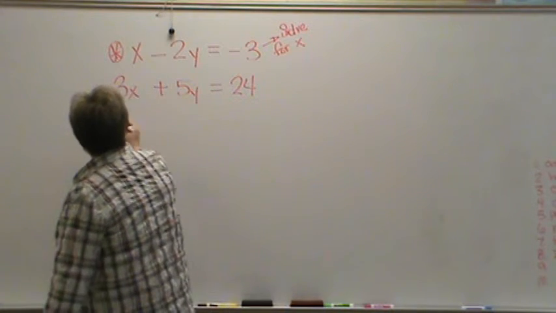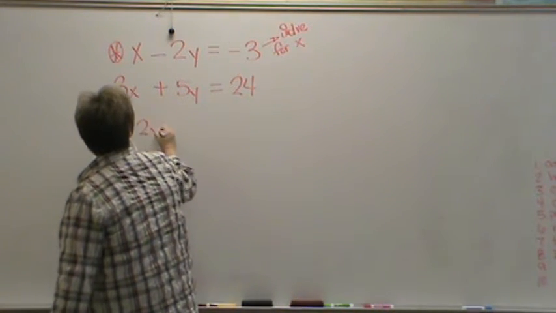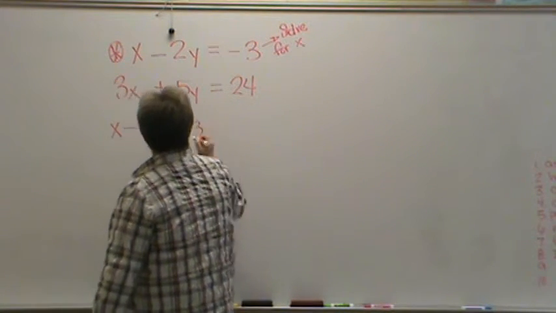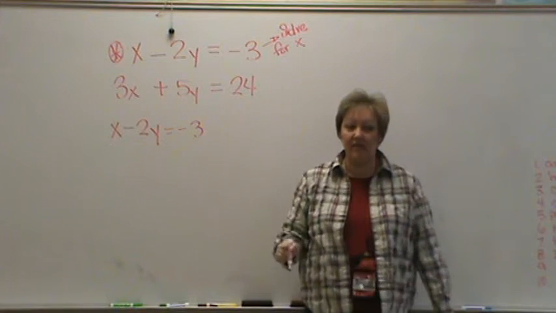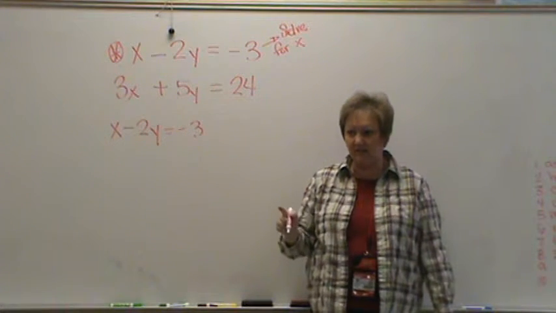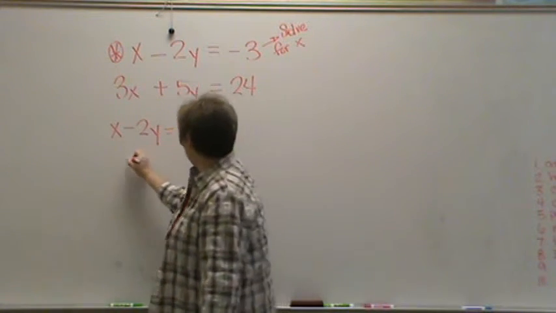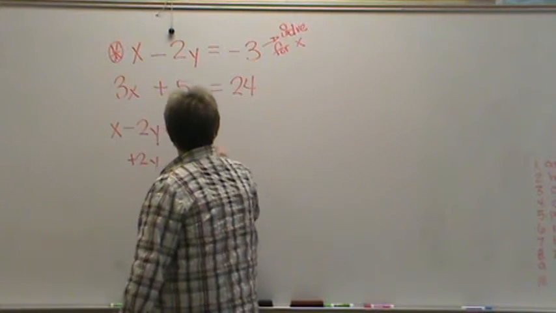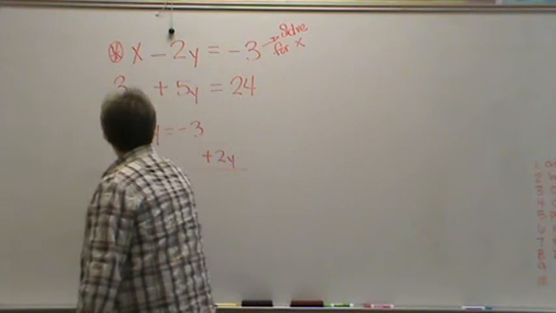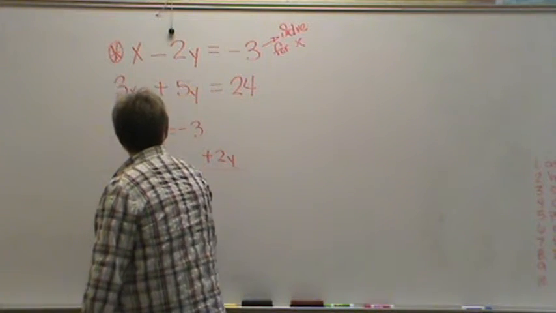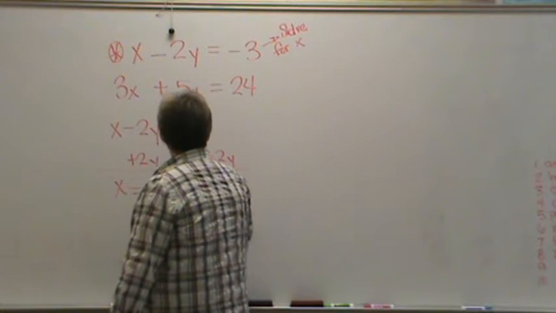All right, so let's go with x minus 2y equals negative 3. How do I solve this for x, ladies and gents? You add 2y. Okay, then I got x equals 2y minus 3.